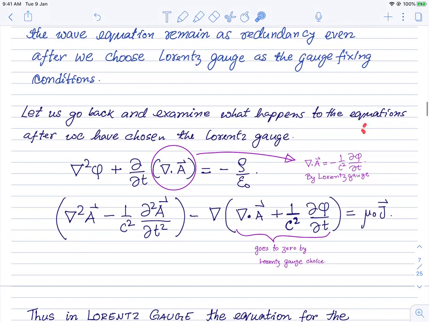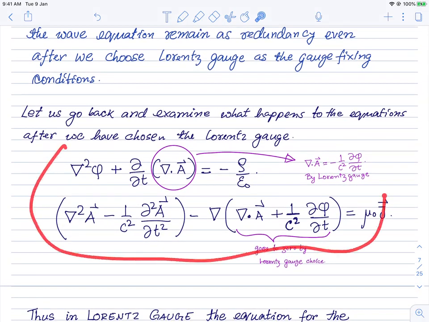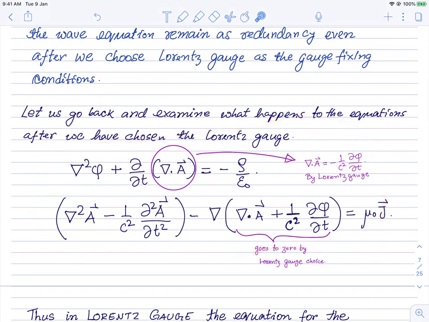Now coming back to this equation for the phi and A, as we have seen, if we choose the Lorentz gauge condition, this term vanishes, and we are left with this equal to the source. Also, the Lorentz condition tells us the divergence of A is given by 1 over c squared del phi del t with the sign.